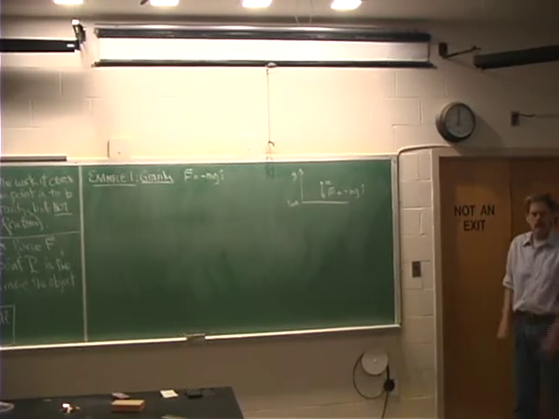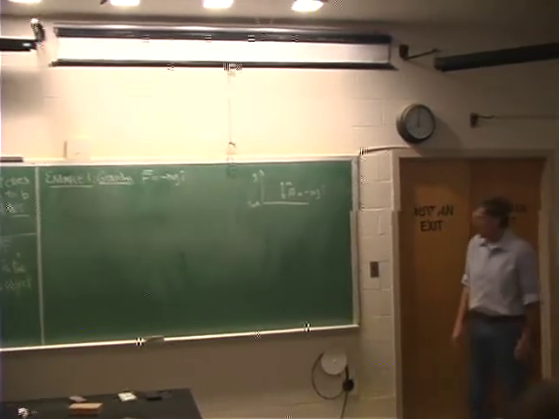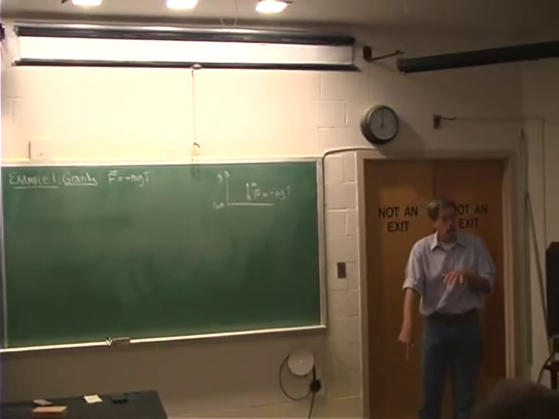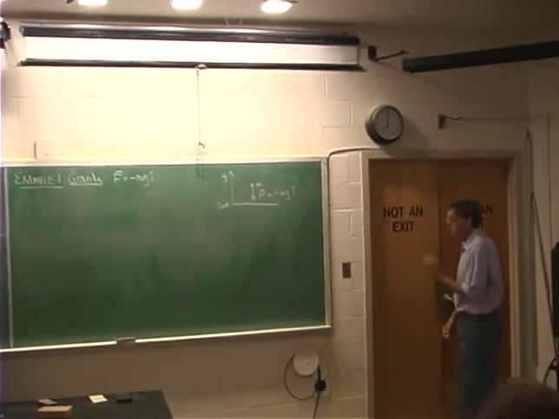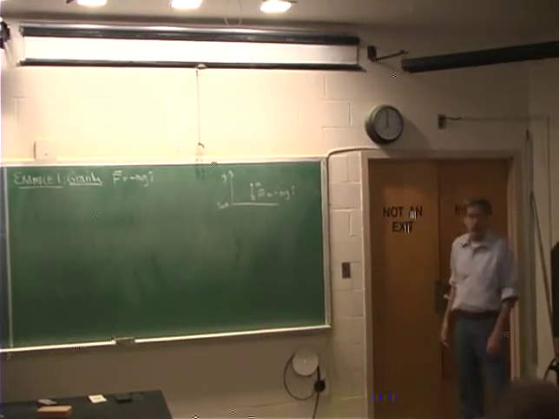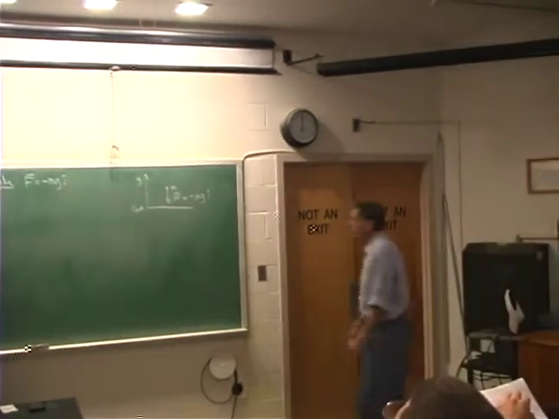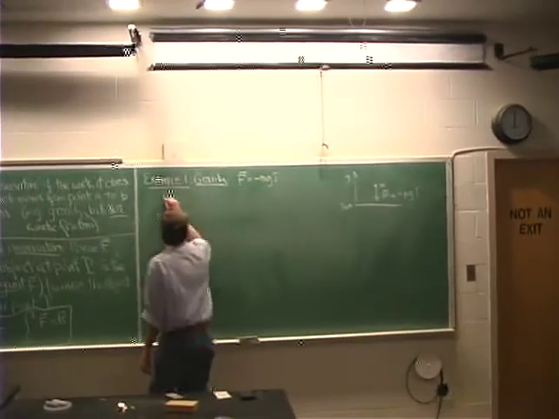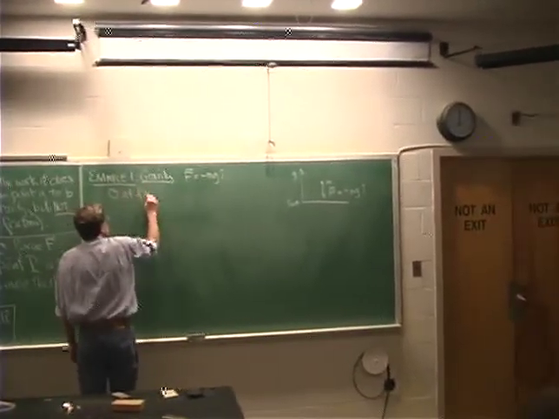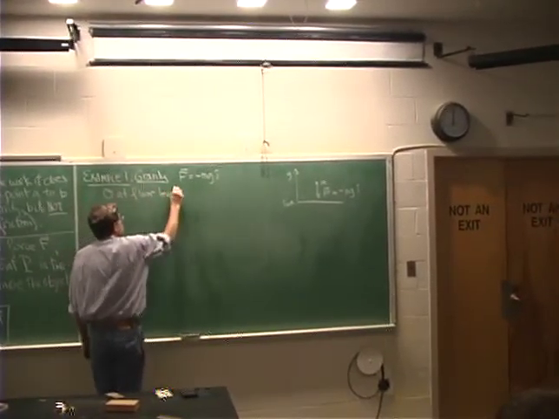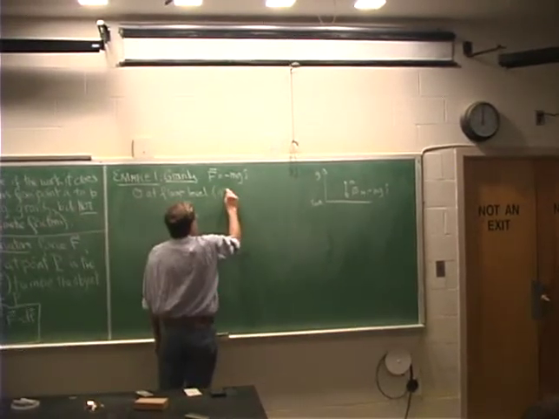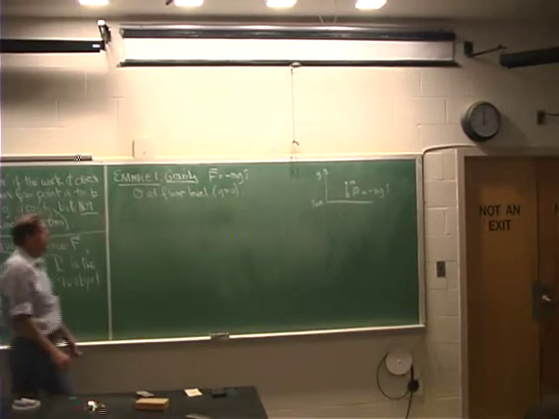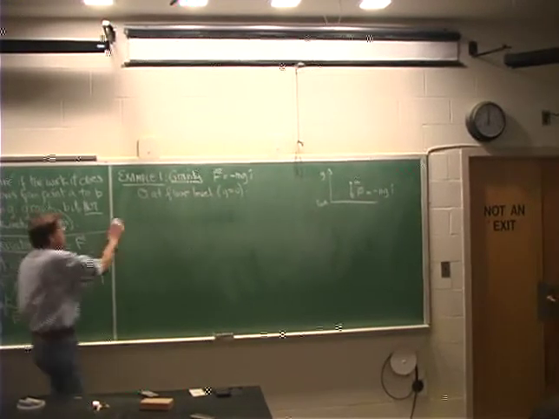For instance, in this room, if we're measuring gravity in this room, let's work from ground level. It would be kind of stupid to work from 2 floors below. Floor level suggests itself. So we'll take the reference point at floor level, that is to say, at y equals 0 in my diagram.